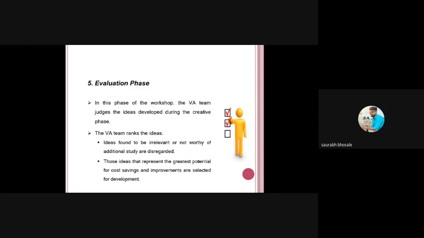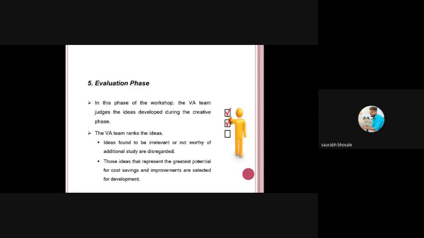So in the evaluation phase, what will be done? There will be some garbage ideas. If I have given an idea that will not be that fruitful, then I should not say that my idea should be applicable to that particular product, because it is a garbage idea, or it will not provide the solution for the problem.